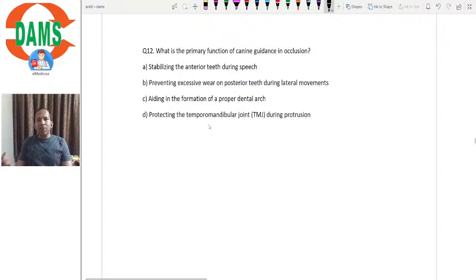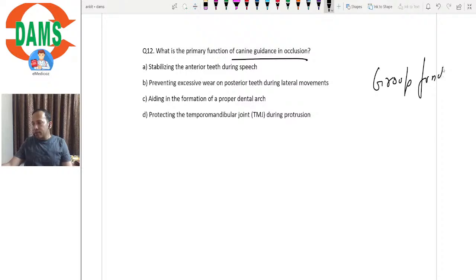What is the primary function of canine guidance in occlusion? There are two types of guidance: one is canine guidance, and the other is group function. What is the difference between the two?